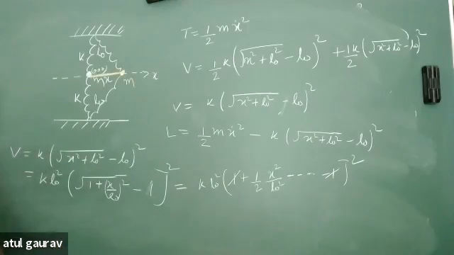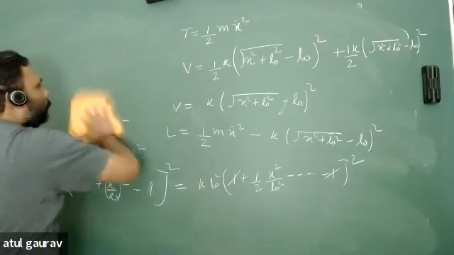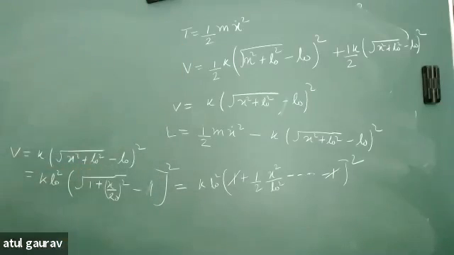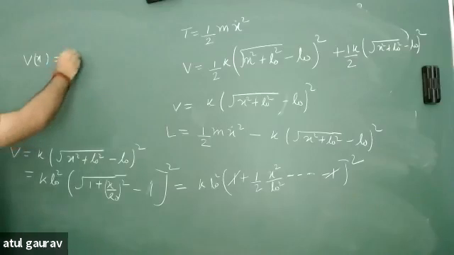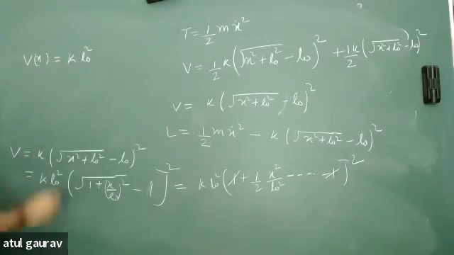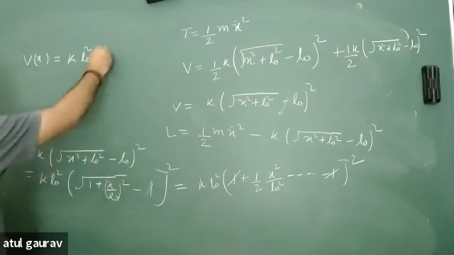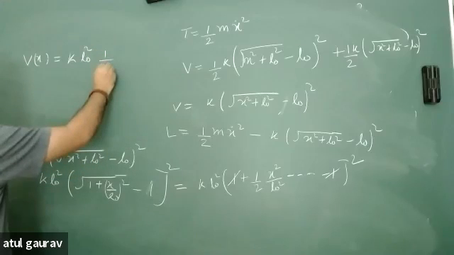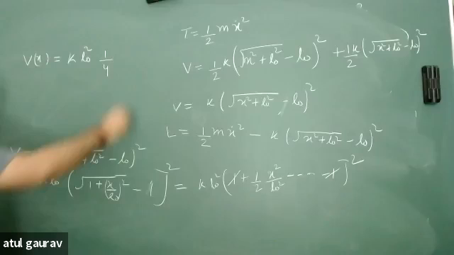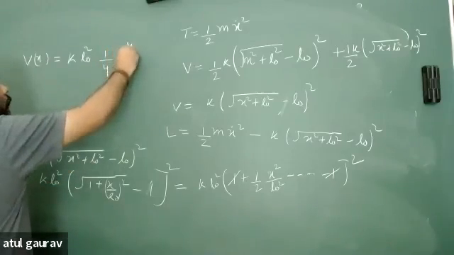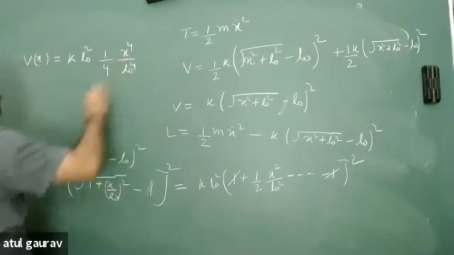Now, what will be this potential? If you see this potential very carefully, V(x) is equal to K L naught square, and we have 1 by 4 there, and you have x^4 by L naught^4.